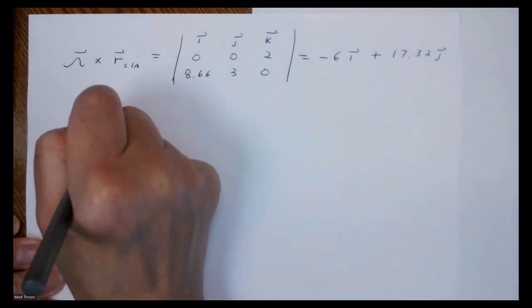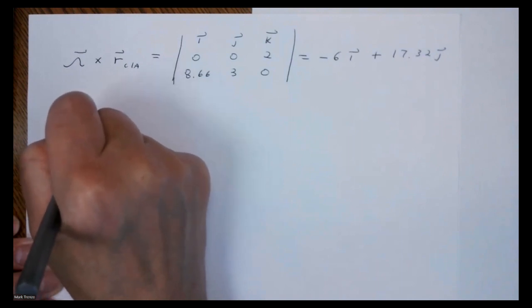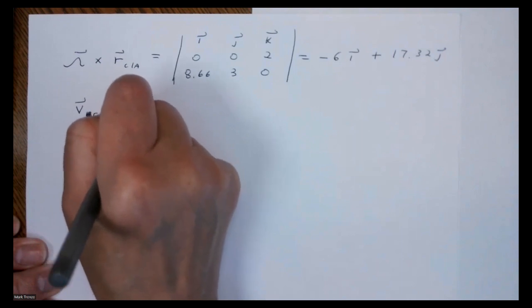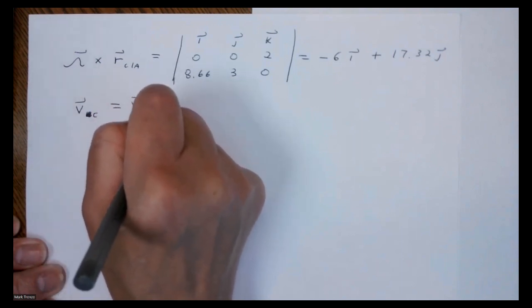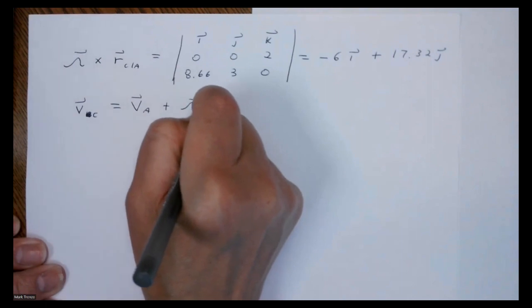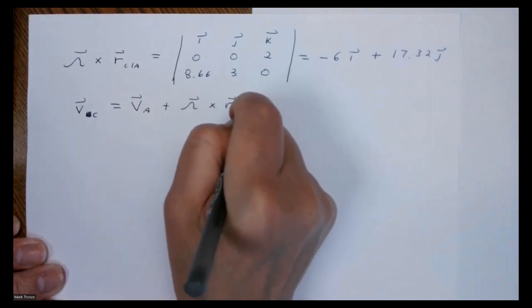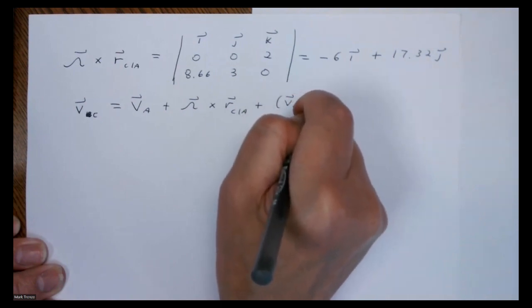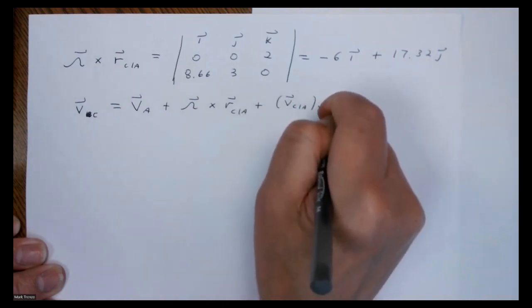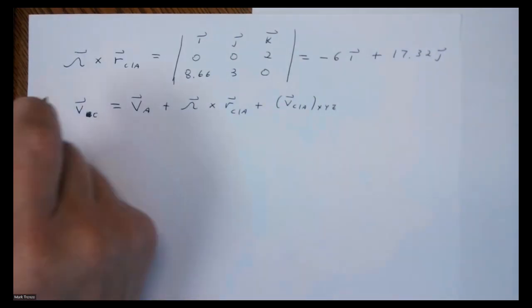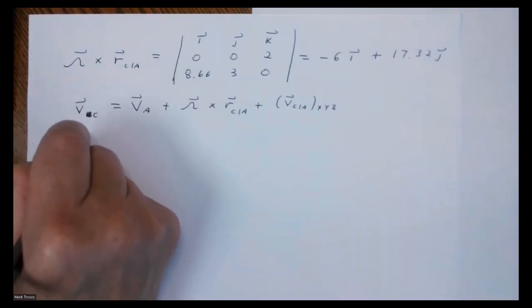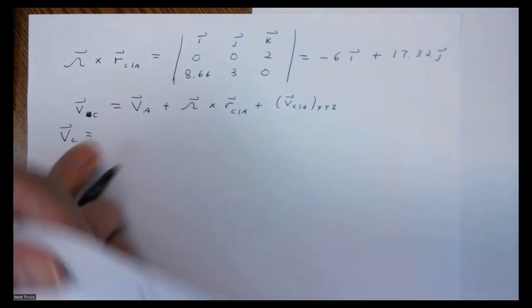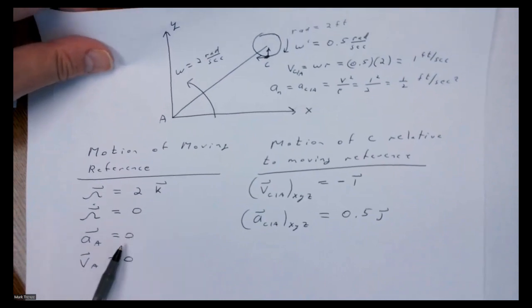So remember, replace B with C. And put in all our values. So remember, the main system, the moving reference, is not moving linearly at all.